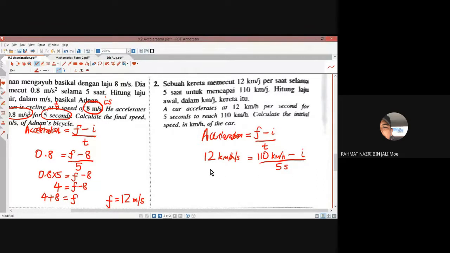Okay, so when we cross multiply, we have 12 kilometer per hour per second, multiply by 5.